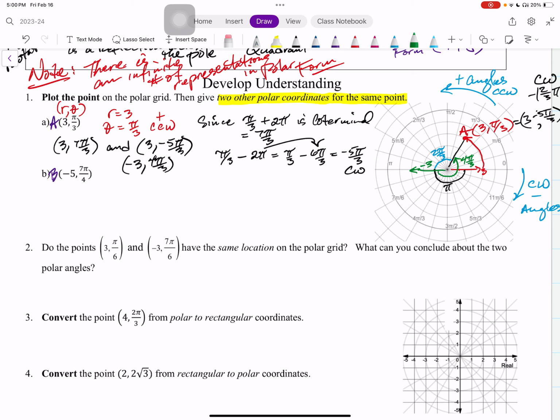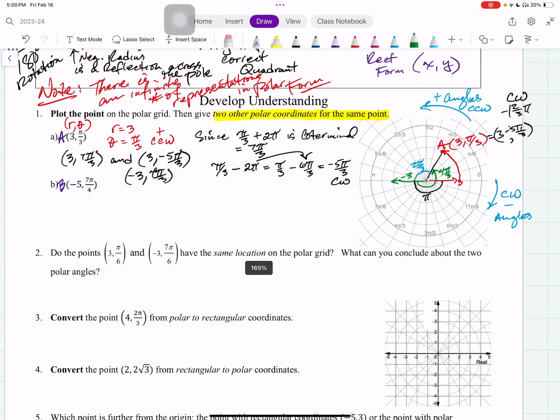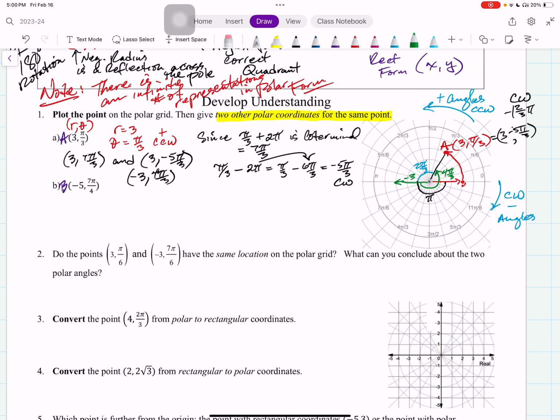So that negative radius is just a reflection across the pole, and there are different ways to interpret or graph this. As with everything here, it's a lot easier to explain in class when I'm actually working with you guys, which I will do.